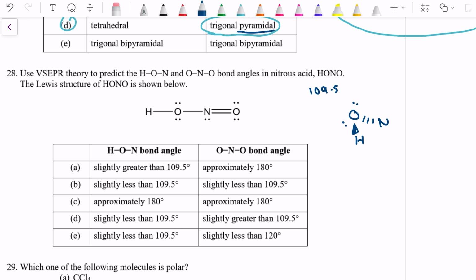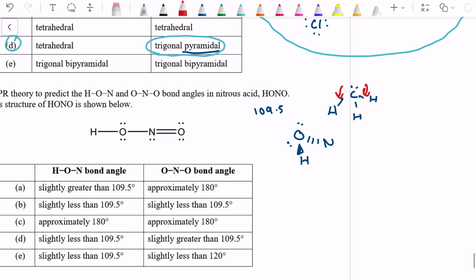Say we had a tetrahedral arrangement with all 4 atoms. This arrangement would have a bond angle of 109.5. If you add in one lone pair, that lone pair will push down these electrons and make these bond angles smaller, because that lone pair has a very high electron density, and it will push the bonds closer together.